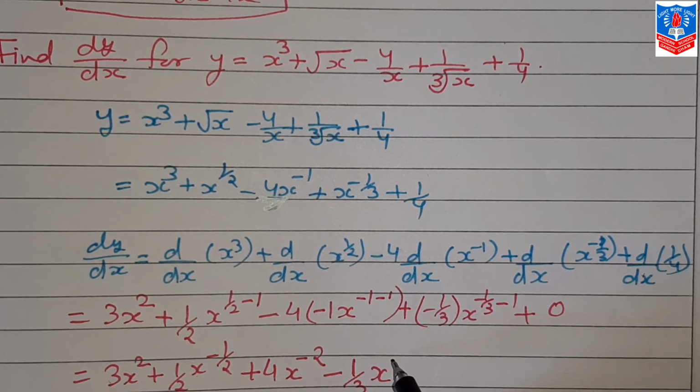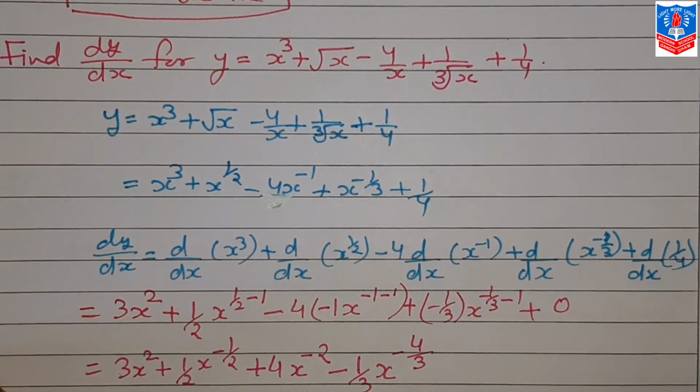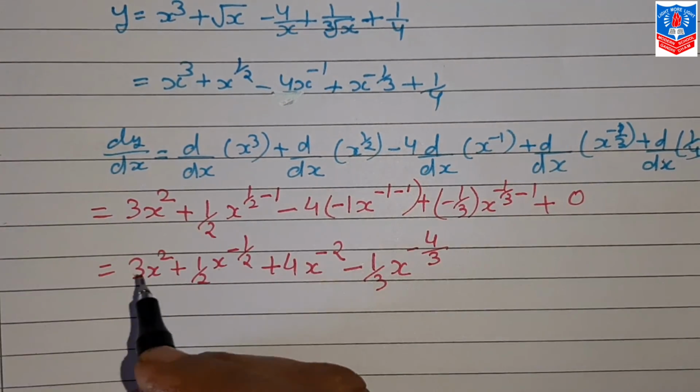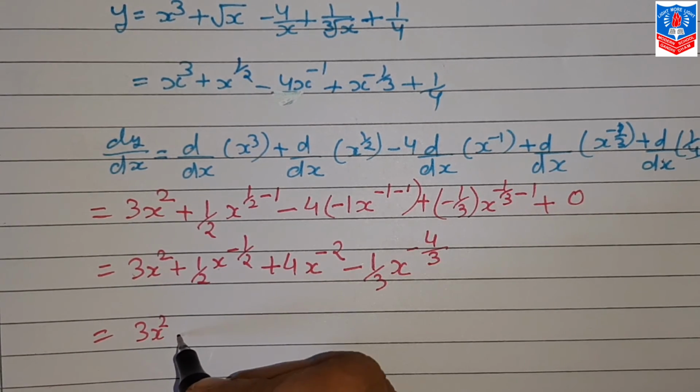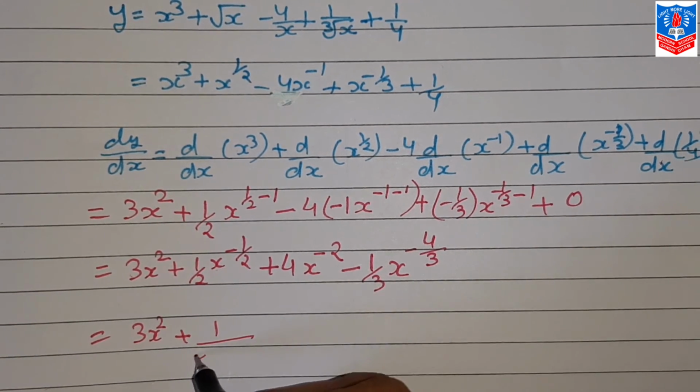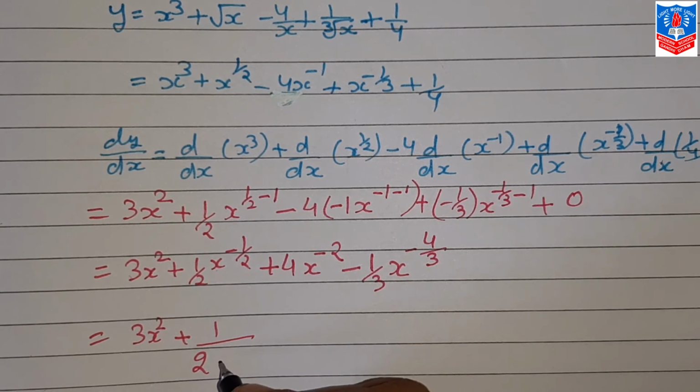You find the LCM and add, it will be minus 4 by 3. Now finally, 3x square plus 1 by 2 x raised to half.